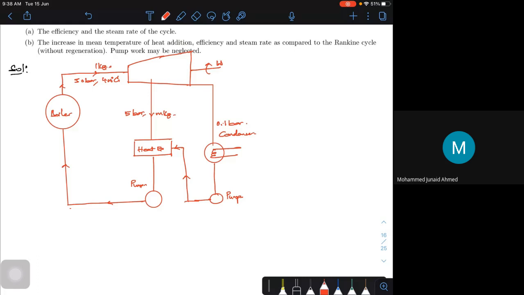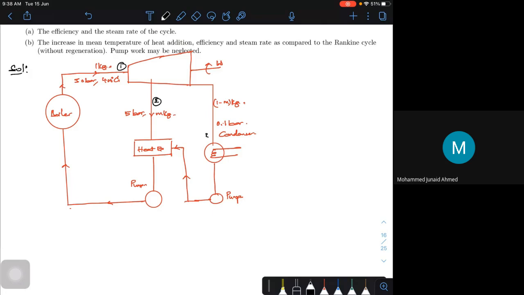So if I take 1 kg of it and m kg is bled, what is left out is 1 minus m kg of steam. This is a simple schematic. Now let us put the points. Suppose I call the entry to the turbine as 1, then the bleeding is happening at 2.